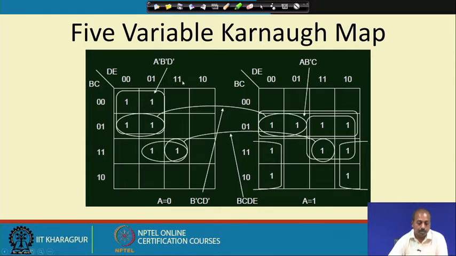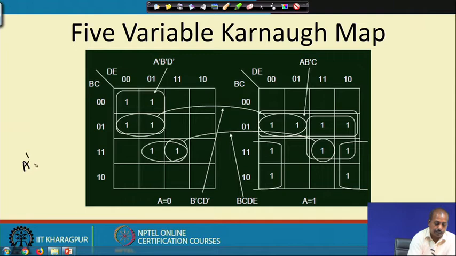Then from here you are getting B C, A bar B C, and from here you will be getting D. So A bar is definitely there, then this particular row is B C, and between these two columns D is not changing its polarity. So D is coming as D. So you are getting B C D, A bar B C D.